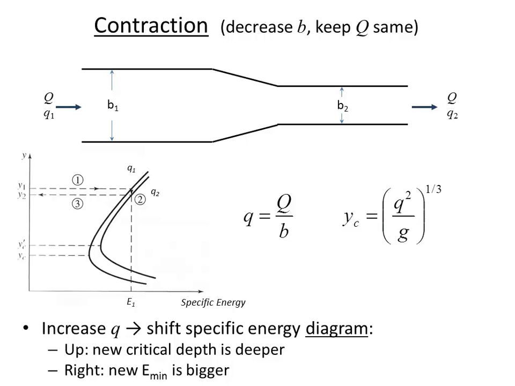Why is the depth at 2 lower, but the critical depth higher? Critical depth is higher because there's more flow per unit width. And the depth is lower because, I guess we could say, more of the energy is as velocity head than as depth. Remember that all of that specific energy exists in two places.